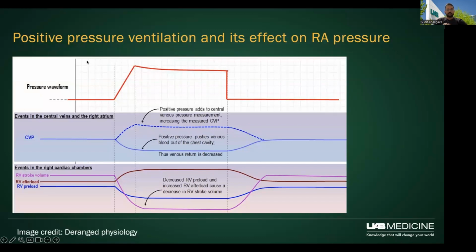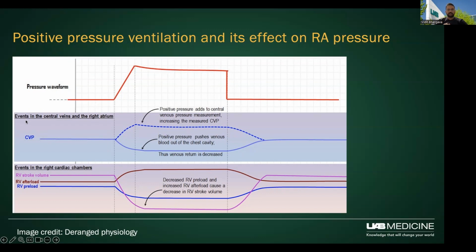I think we have to talk a little bit about what happens when the patient is on positive pressure ventilation, and what its effects are on right atrial pressure. As we can see here, with a positive pressure breath, there is an increase in the intrathoracic pressure within the chest.